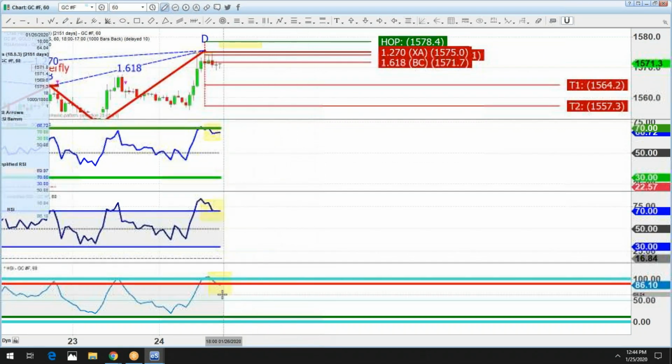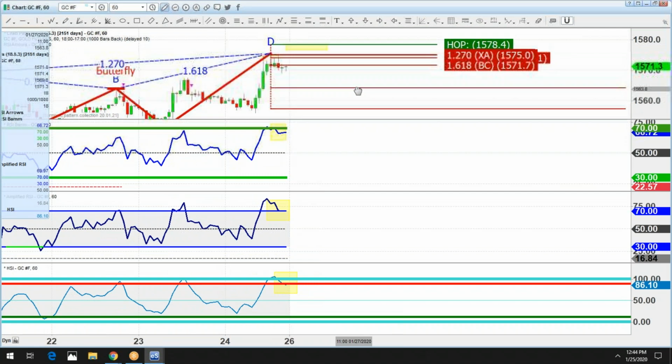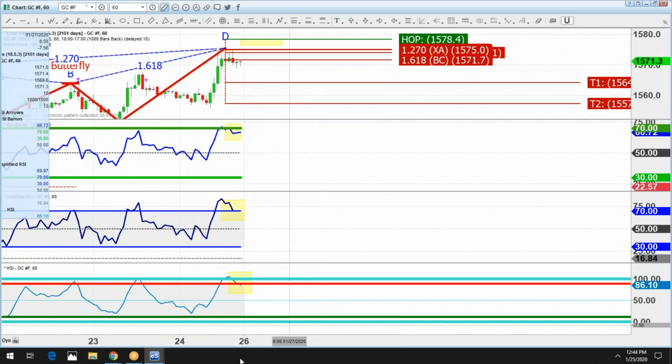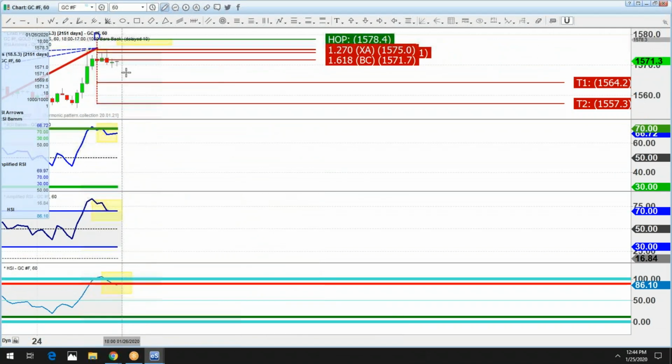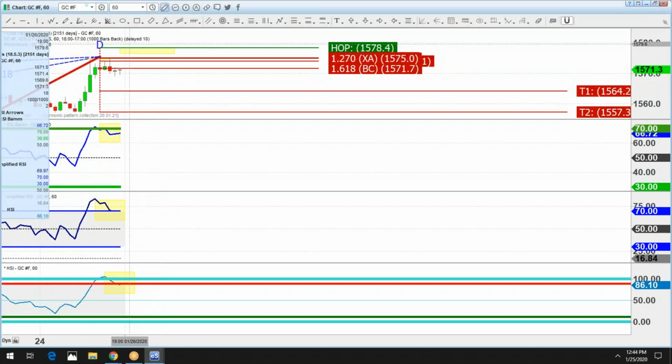Now the confirmation is telling us to wait anyway. Again, another situation where the lack of indicator confirmation is essentially buying you more time. It's telling you wait. It's telling you this larger reversal is going to unfold in more like 6 to 8 bars instead of 1 to 3 bars.